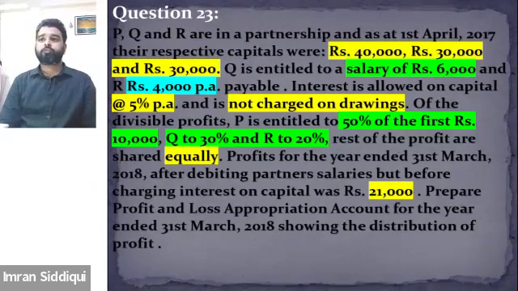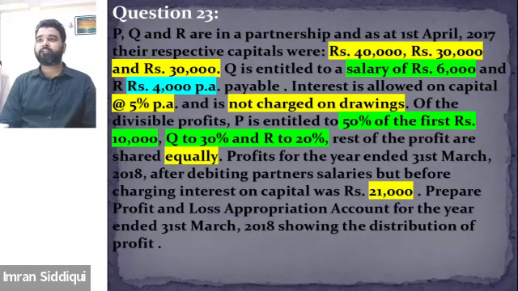Okay, so everything is quite easy in this question. The only thing is this statement which says that of the divisible profit, P is entitled to claim 50% of the first rupees 10,000, Q to 30% and R to 20%. This statement is a little tricky, and we need to understand what it is saying and how we will be treating it.